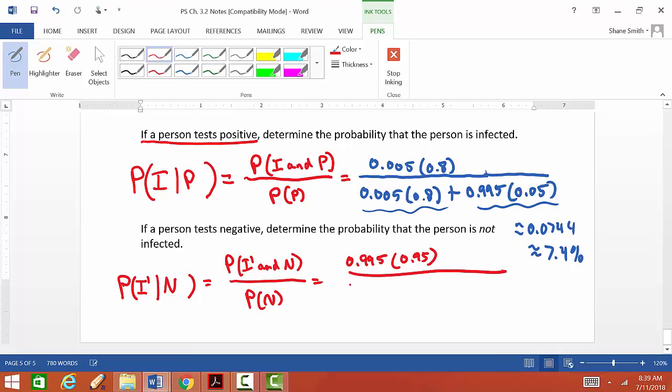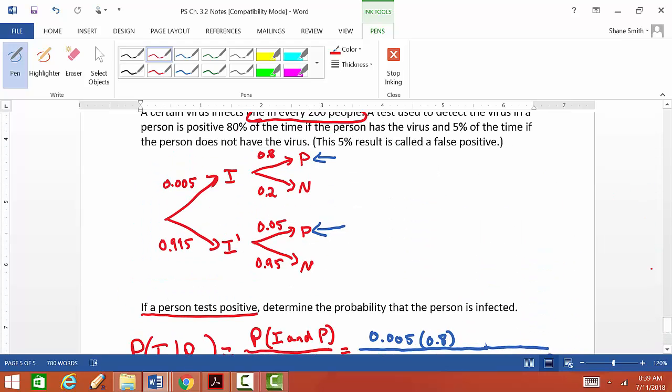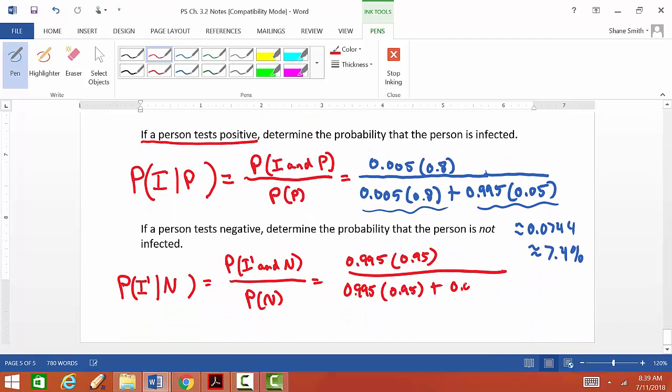And we want to divide by the probability of getting a negative result, which is going to be 0.995 times 0.95, plus we have to add the probability of getting a negative result if we are infected. So that's 0.005 times 0.2. And this is going to be nearly 100%, and it is. You should get 0.9989.